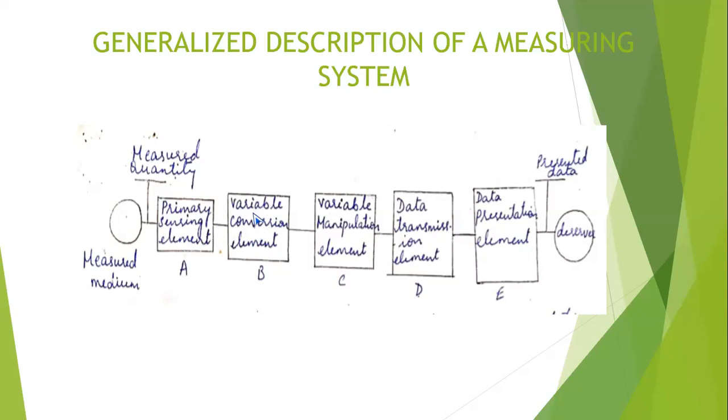That element converts the load coming from the primary sensing stage into analogous form. Remember, the variable conversion element converts the input, that is load, into analogous form.